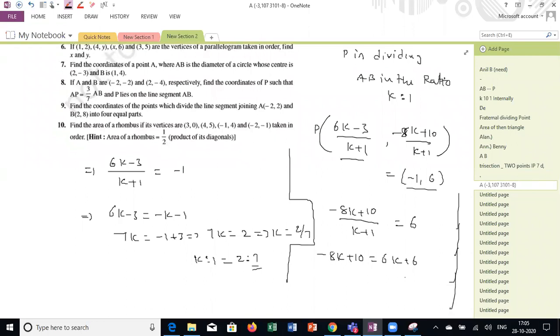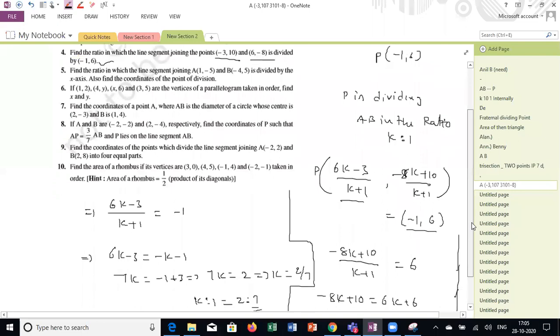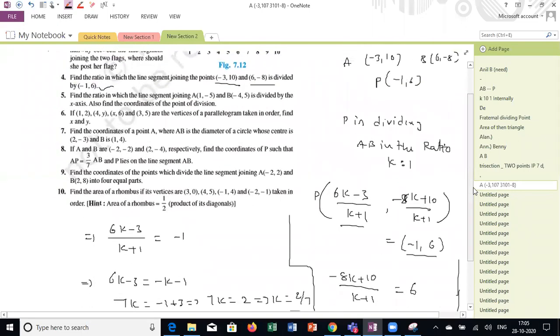We are not getting the same answer. Minus 1 comma 6, minus 8k plus 10 divided by k plus 1. 6k minus 3 is equal to minus k minus 1.